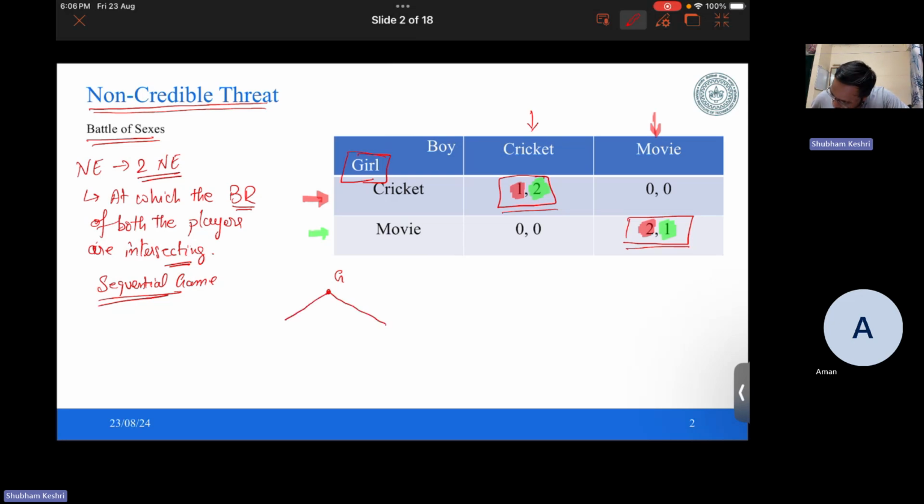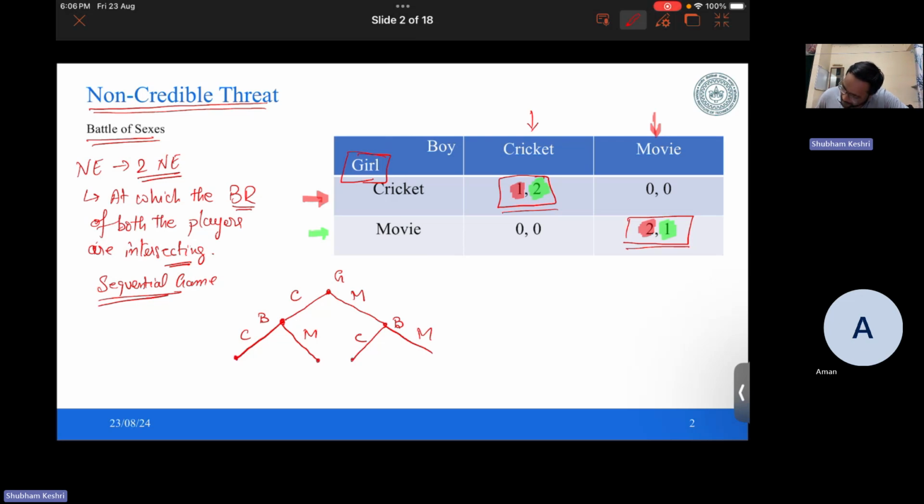She can either go for cricket or she can go for a movie. Correct? And at the second node, the boy player will play. At the second node, the boy player also has two strategies: cricket, movie, cricket, movie.